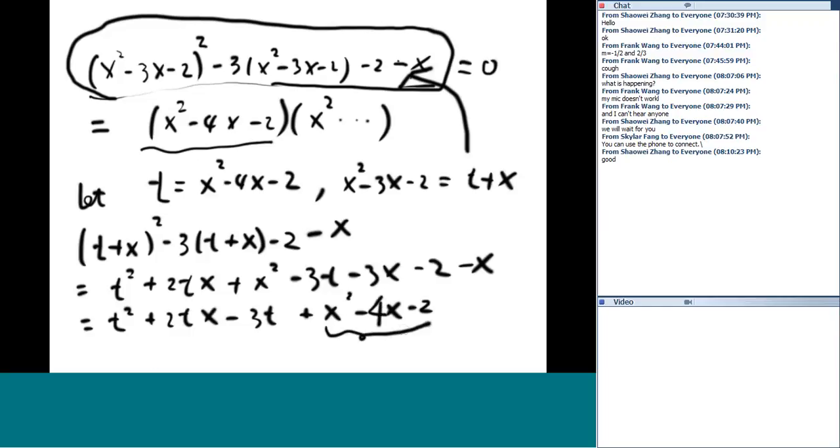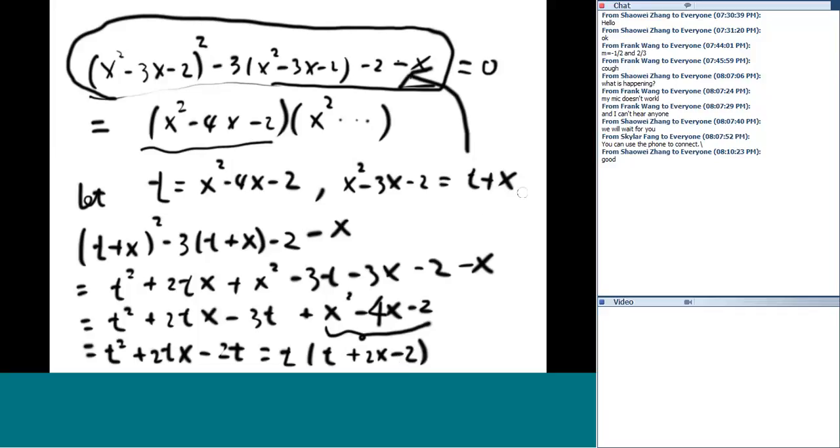Okay, it's another t. So you get t squared plus 2tx minus 3t minus 2t. Right? So you get t as one factor, then t plus 2x minus 2 as another factor.